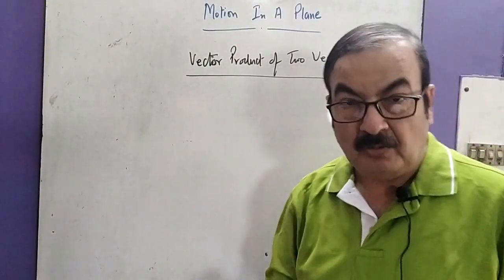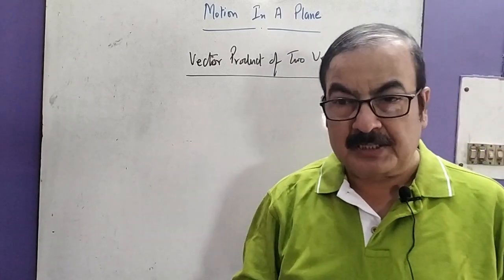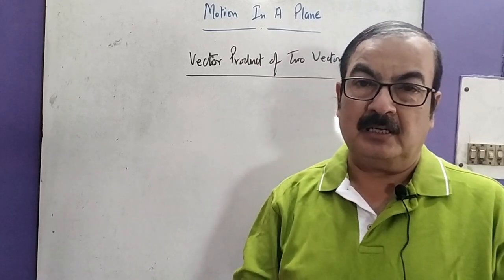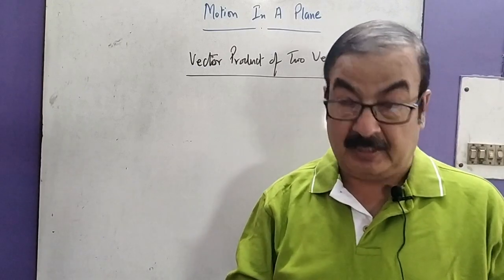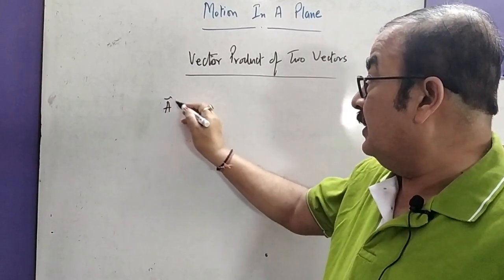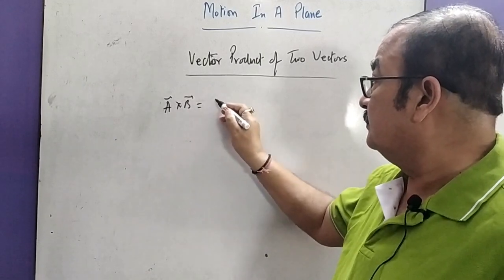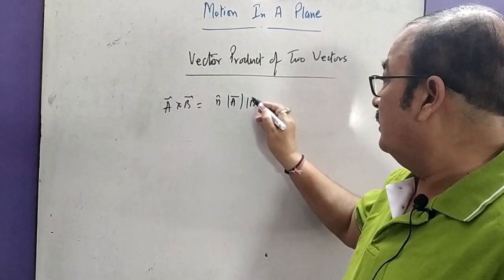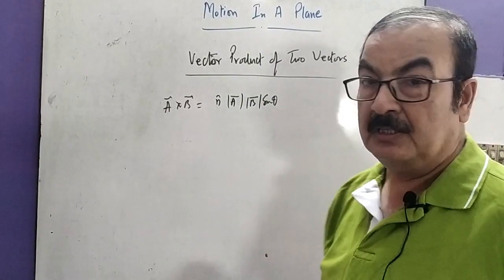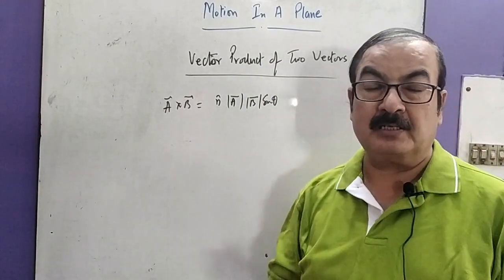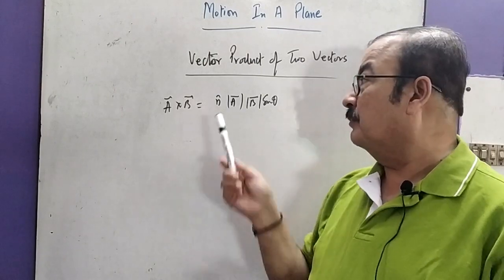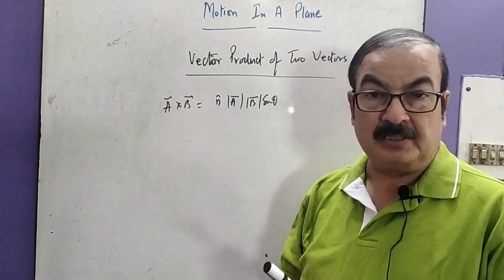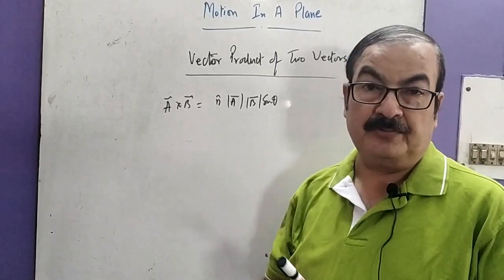Now, if anyone asks what this means, the vector product of two vectors is defined as A cross B equal to AB sin theta n. That is, the vector product of two vectors is defined as the product of the magnitudes of the two vectors and the sine of the angle between the vectors, and also one unit vector n.